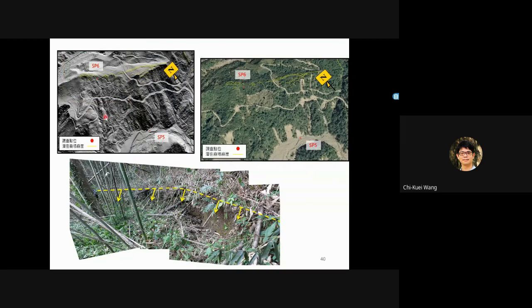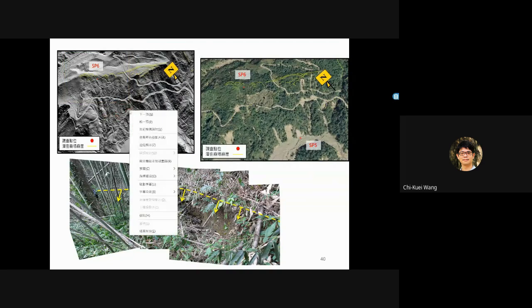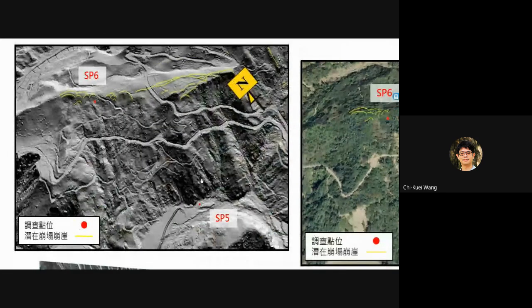In geology, landslide, and hydrology fields, I think we all know this: if there's a river cutting through the slope, the slope is sliding down. Now the question is, which part of the slope is more dangerous than the other?